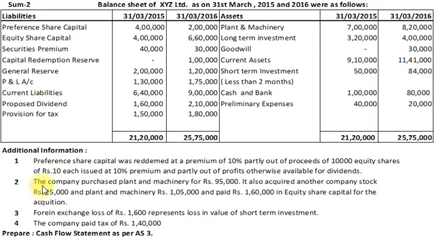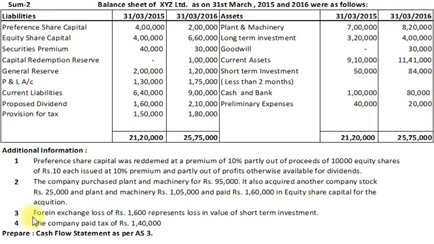Number 2. The company purchased a plant and machinery for rupees 95,000. It also acquired another company's stock for rupees 25,000 and plant and machinery of rupees 1,05,000 and paid rupees 1,60,000 in equity share capital for the acquisition.